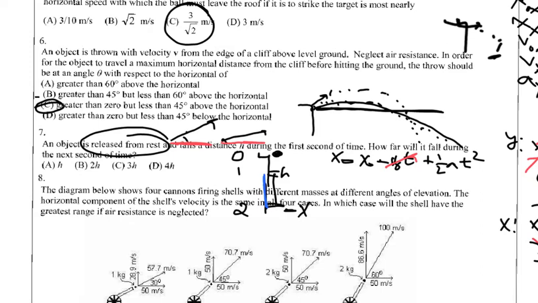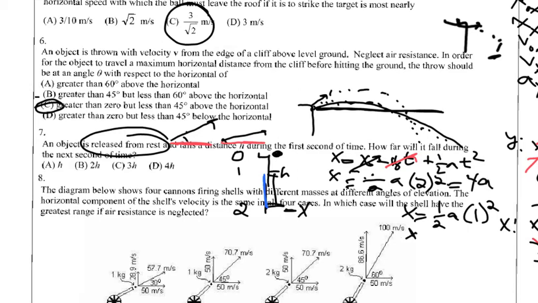So we solve for x, and we have x equals 1/2 a 2 squared. That's after 2 seconds. We can do the same thing for 1 second: x equals 1/2 a 1 squared. We can simplify these expressions, and for 2 seconds we end up with 2a, and for 1 second we simplify it and get 1/2 a.